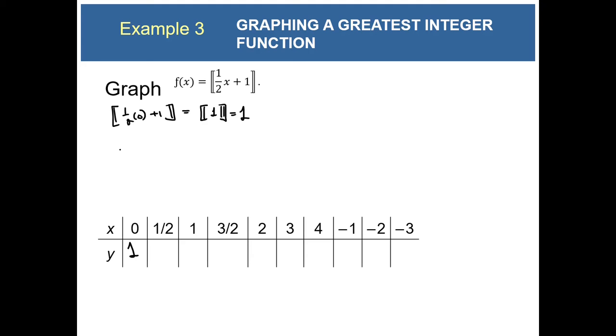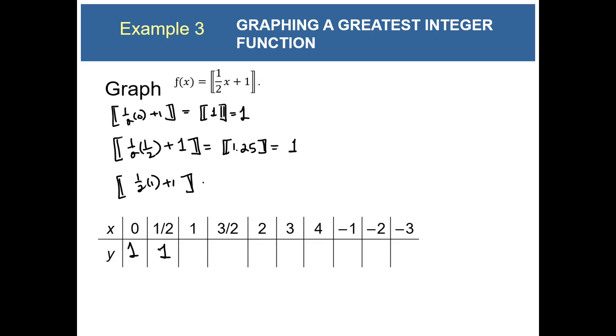Now let's try 1/2. The greatest integer function of 1/2 times 1/2 plus 1 is going to yield 1.25. And the greatest integer is going to make this into a value of 1. Let's try to plug in a 1. 1/2 times 1 plus 1 gives us a value of 1.5, and the greatest integer of that or less is 1.